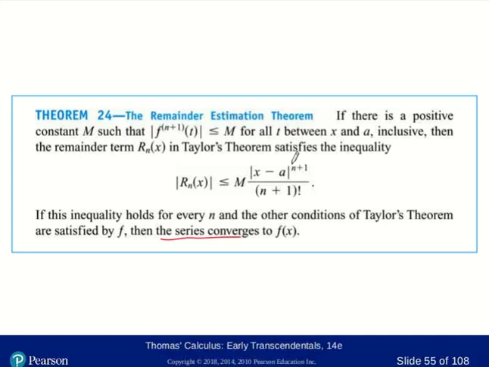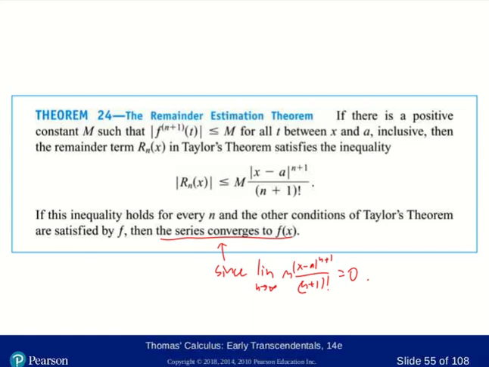The series converges since the limit as n goes to infinity of M times (x minus a) to the n plus 1 over n plus 1 factorial is equal to 0, which is the condition for Taylor series converging, that the remainder term has to go to 0 in the limit, and this gives us that if you can find a bound on that n plus first derivative.